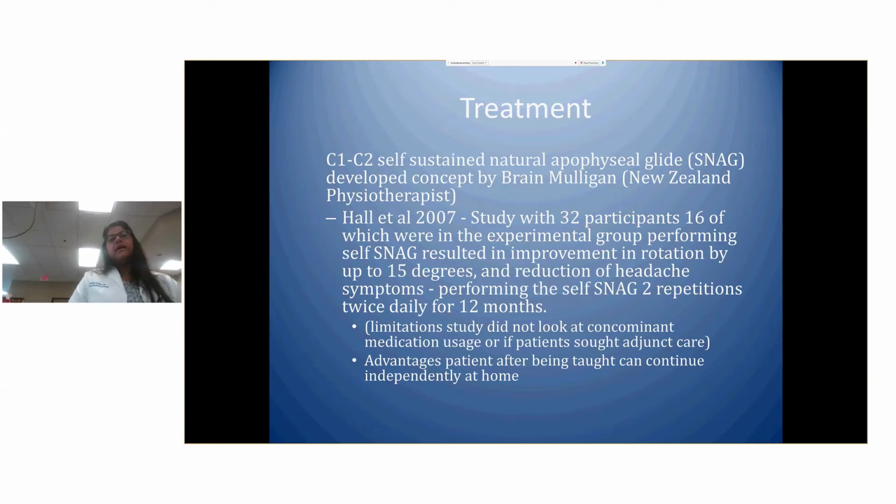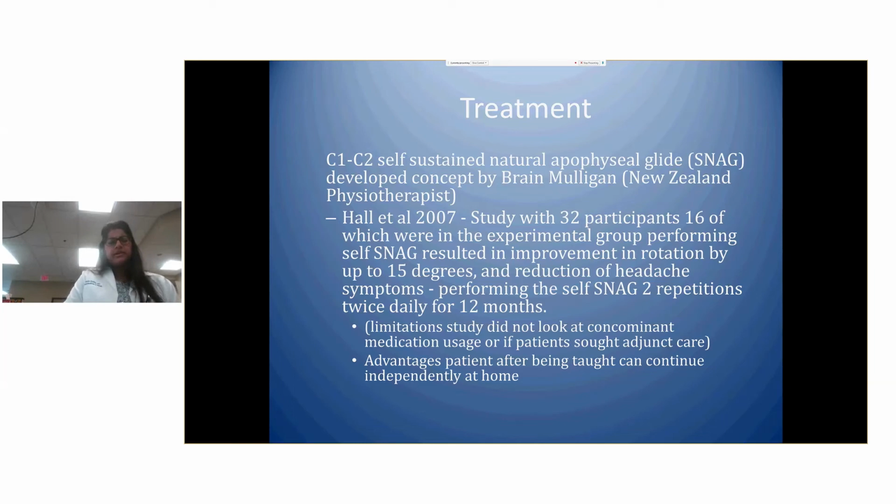This study had 16 participants in the self-snag group who performed 2 repetitions twice daily for 12 months and resulted in improvement in the cervical flexion and rotation by up to 15 degrees. Remember, normal was around 44 degrees, and also had a reduction of headache symptoms.